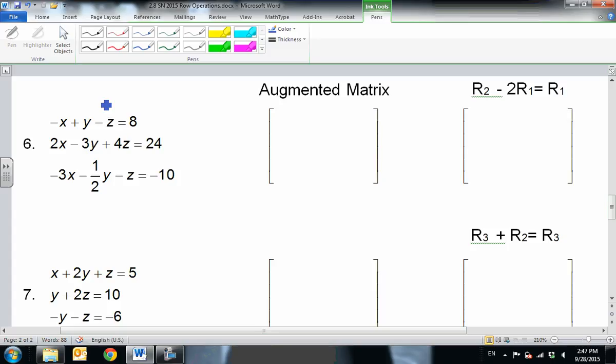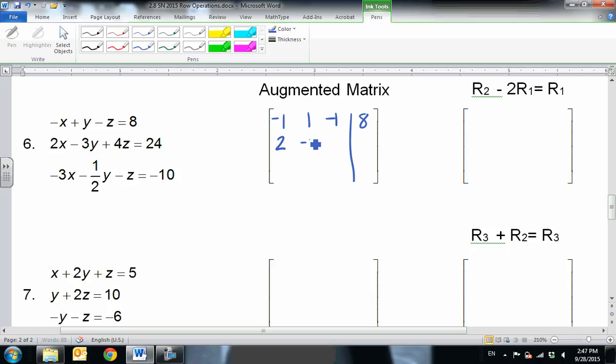All right, so go ahead and fill out your augmented matrix. So negative 1, 1, negative 1, 8, 2, negative 3, 4, 24, negative 3, negative 1 half, negative 1, negative 10.